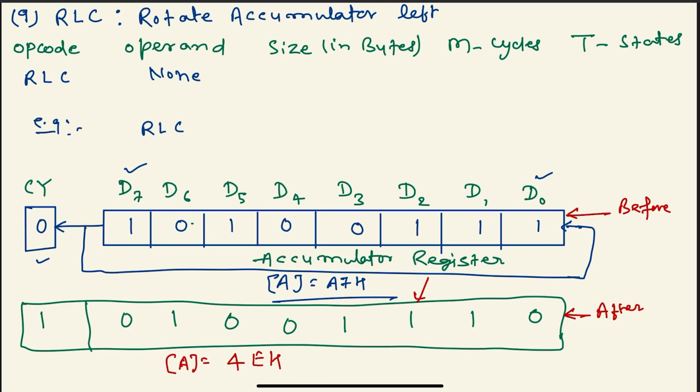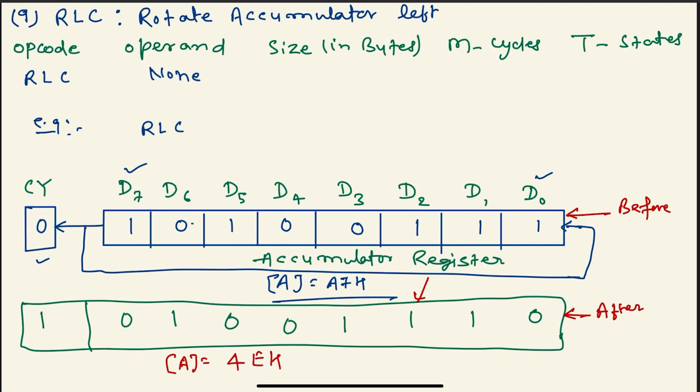However many times we execute this RLC instruction, that many times the accumulator data is shifted left in this circular way. Accordingly we can use this for programming purposes. Now we'll talk about the flags.